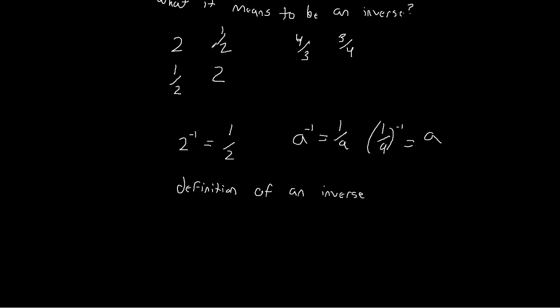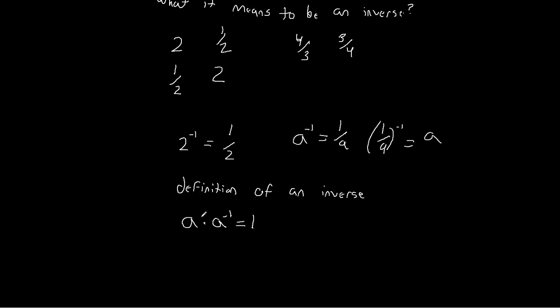If we go back to our generic term, we can say that a times a inverse is equal to 1, in the same way that 2 times 1/2 is 1, and 4/3 times 3/4 is 1.